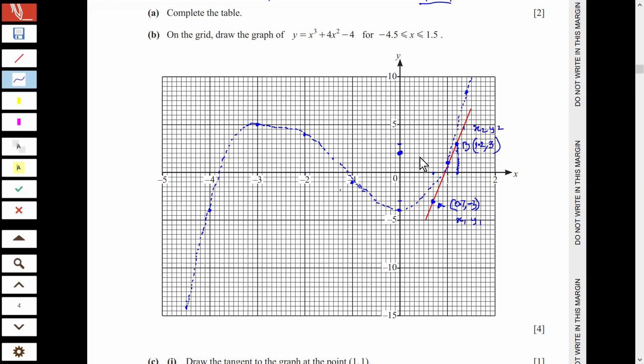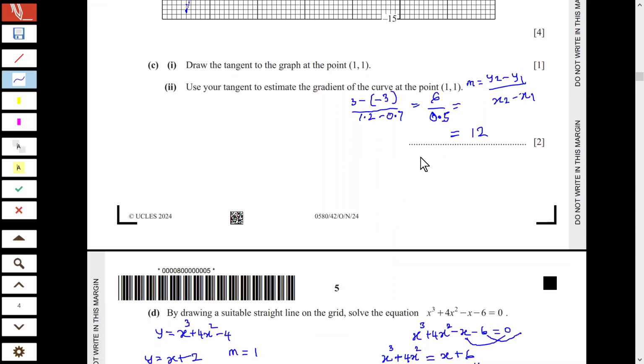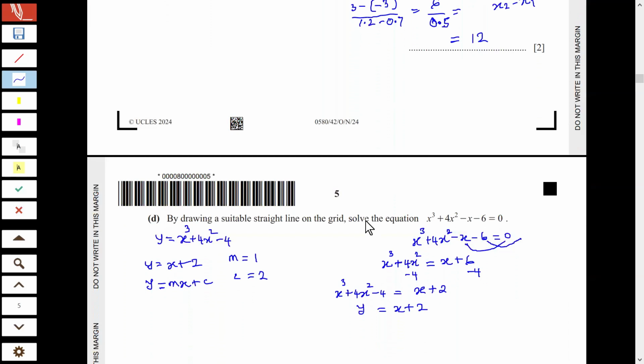The gradient here means 1 over 1, which is rise over run. So I'm going to rise by 1 and then run to the right-hand side by 1.